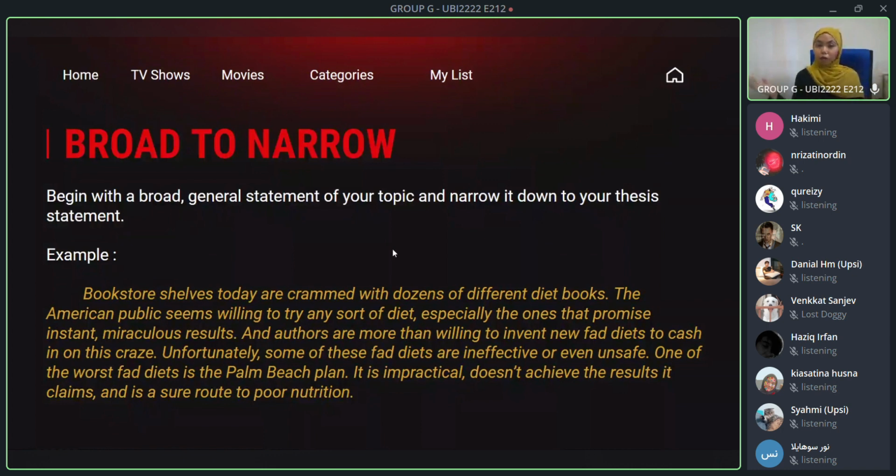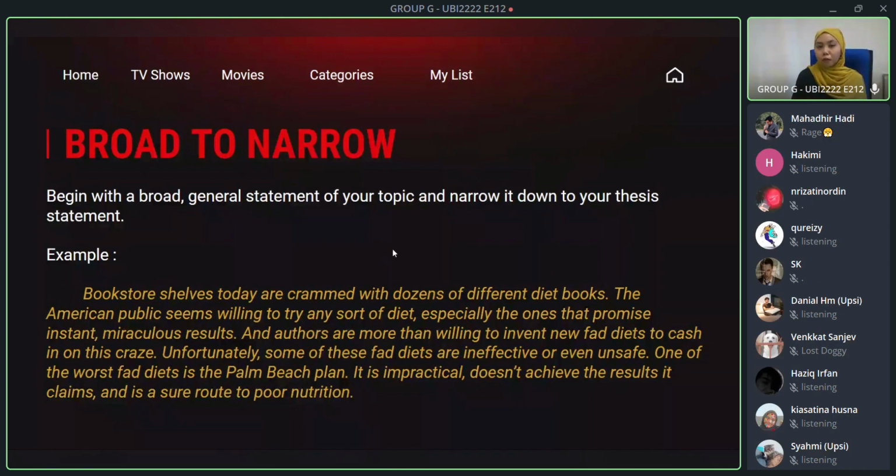So there are a lot of types of diet books, and then there are also those which are not effective enough or unsafe. And narrowing down some more to the worst one: the worst fad diet is the Palm Beach plan. Now the writer wants to talk about this one particular fad diet.